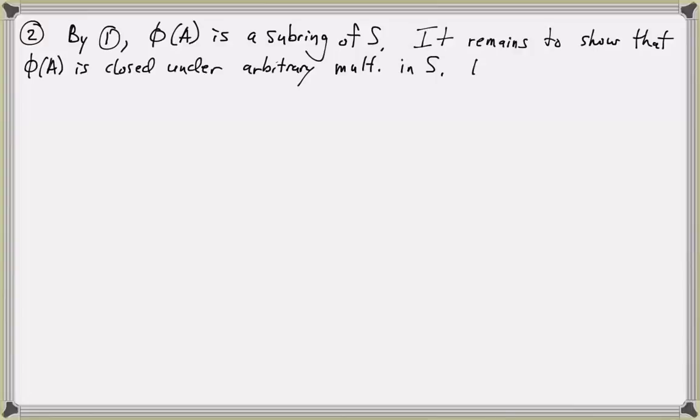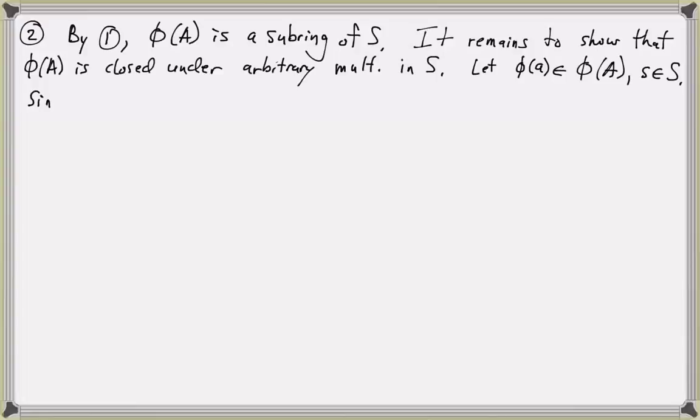So let's let phi of little a be an element of phi of capital A, and let's take an arbitrary element S of the ring S. We need to look at the multiplication of phi of a and S and show that this is in phi of A. Well, now here we're going to use the fact that phi is onto.